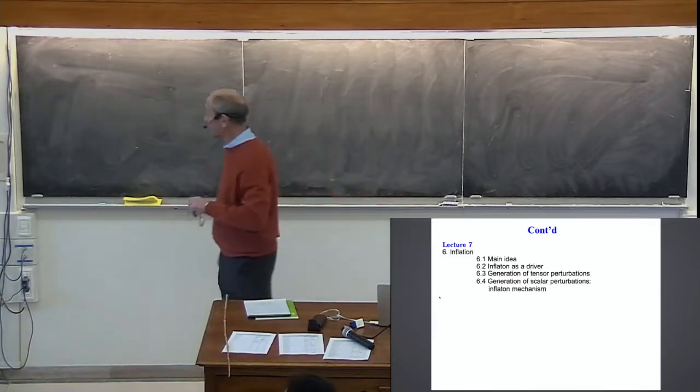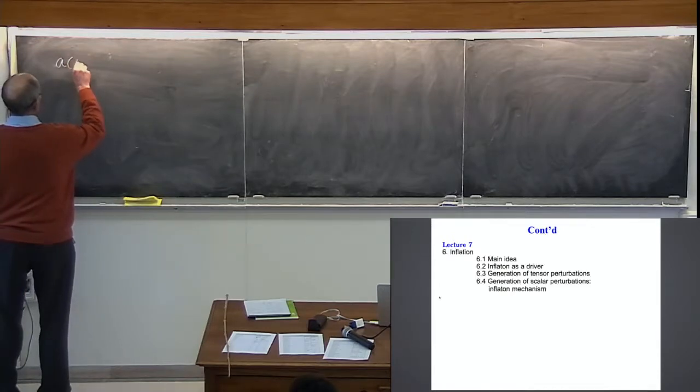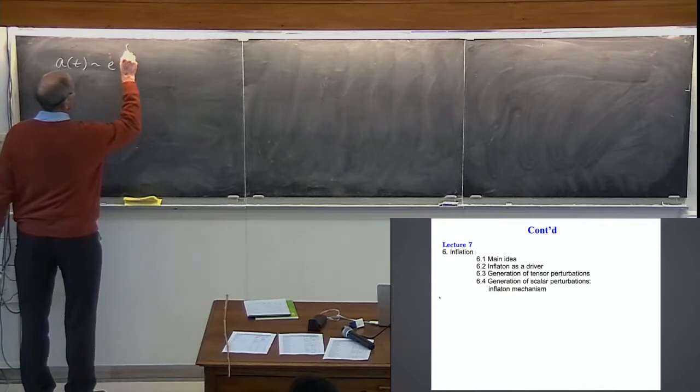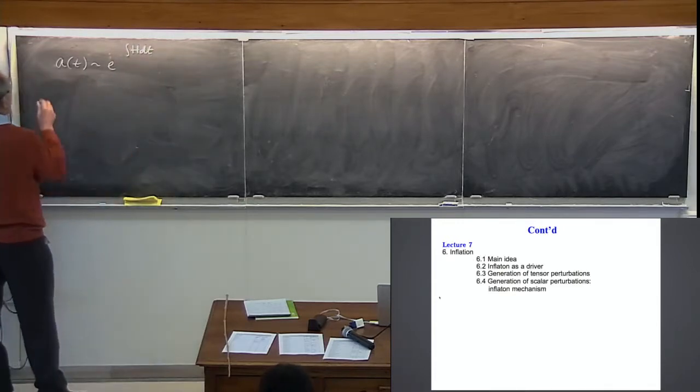So what is inflation? Inflation is the epoch at which the scale factor grows almost exponentially, with H dt, that's by definition, but the point is that H is nearly a constant.